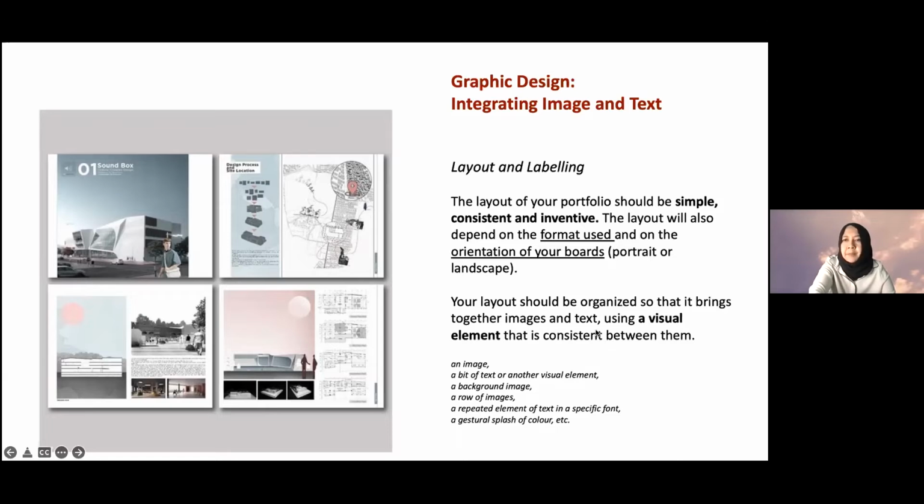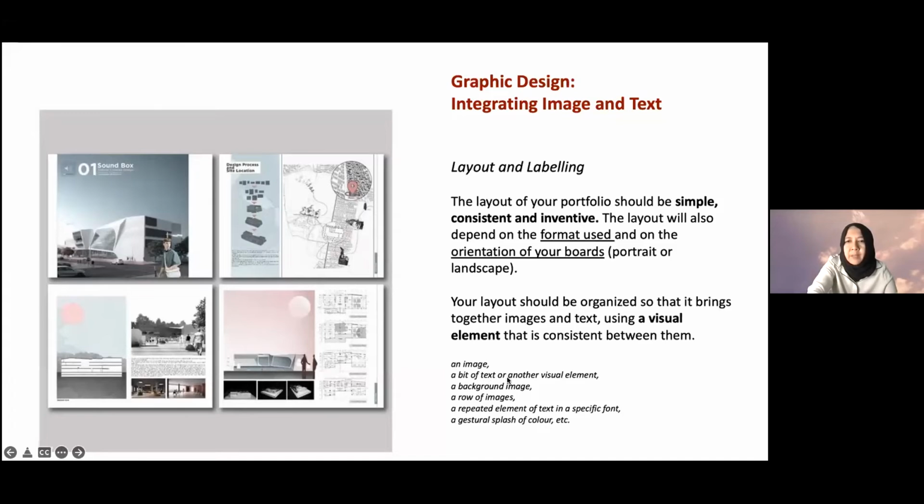For example, how do you achieve that? You can use certain visual elements. It could be an image, like here, an image that appears on several of the pages, the same image from different angles.